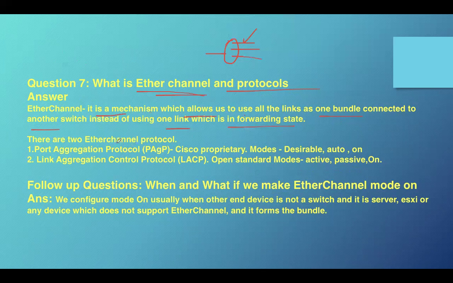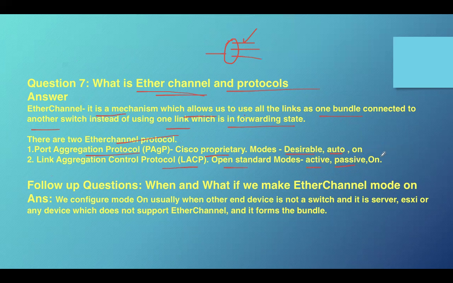There are two Ether channel protocols, PAGP, which is Port Aggregation Protocol. This is actually Cisco proprietary, right? And the other protocol is LACP, Link Aggregation Control Protocol. This is open standard. The modes available with PAGP are desirable and auto, right? And with LACP, we have active and passive.